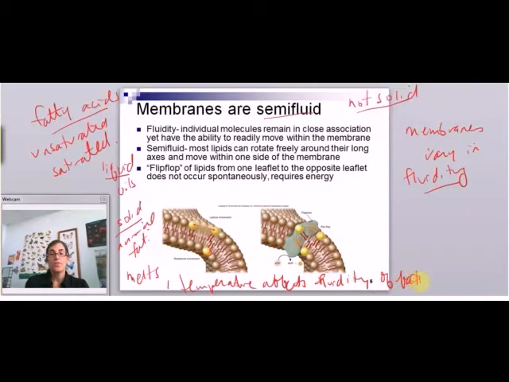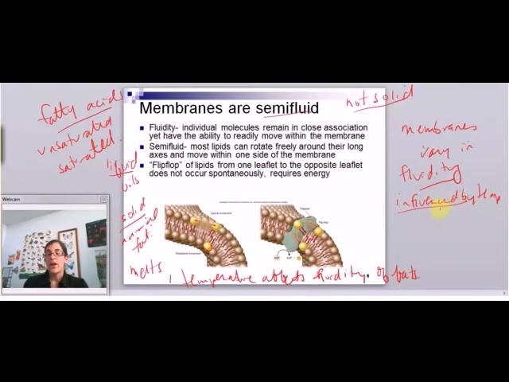So this is all hopefully things you know from your own experience, that temperature affects the fluidity of fats. So since membranes are primarily phospholipids, in the same way, they are influenced by temperature. So at higher temperatures, there will be increased fluidity. At lower temperatures, there will be decreased fluidity.